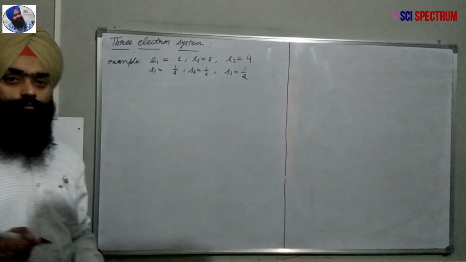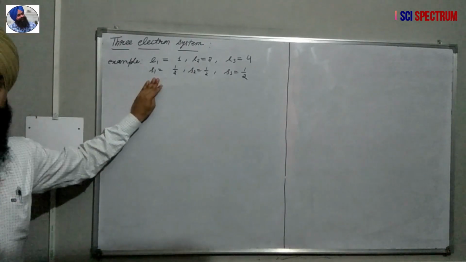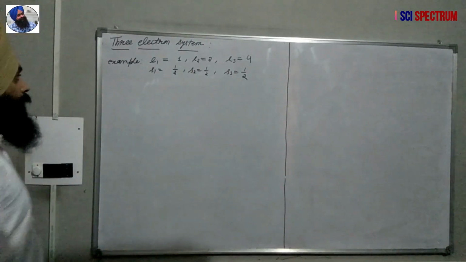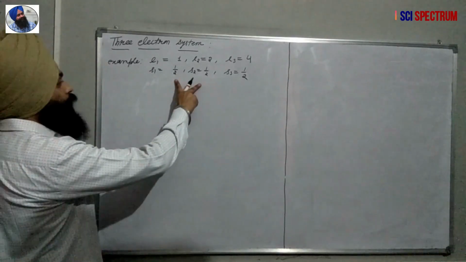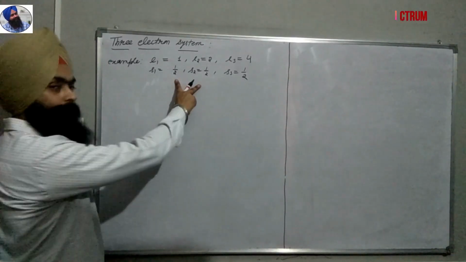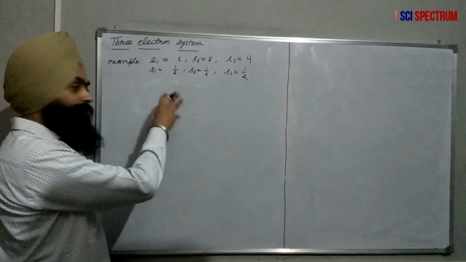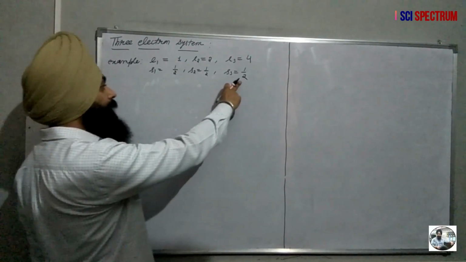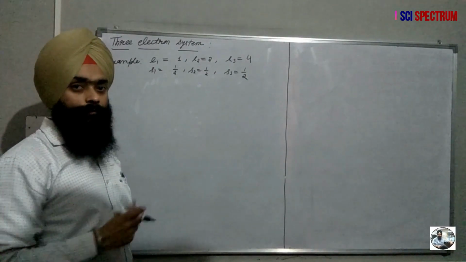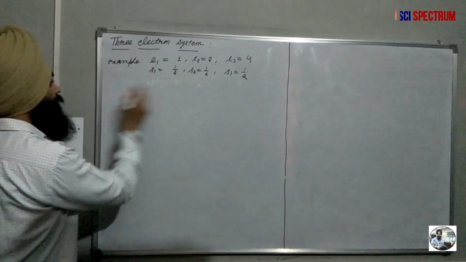So what will we do? Let us calculate the capital S value. We will combine 2 electrons first and find out the values of S, and with those S values we will combine the third electron value. Let us see how.